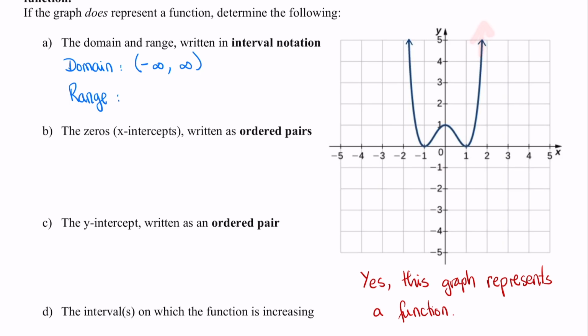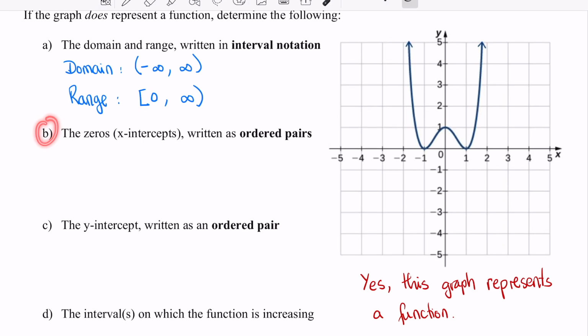Therefore, the range is from 0 to infinity, including 0. In interval notation, the range is from 0 to infinity. We use a bracket at 0 because 0 is included.